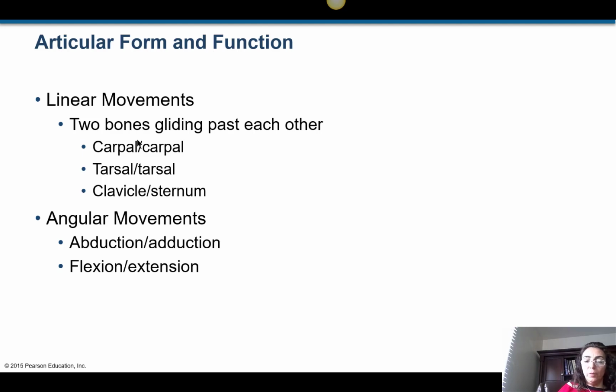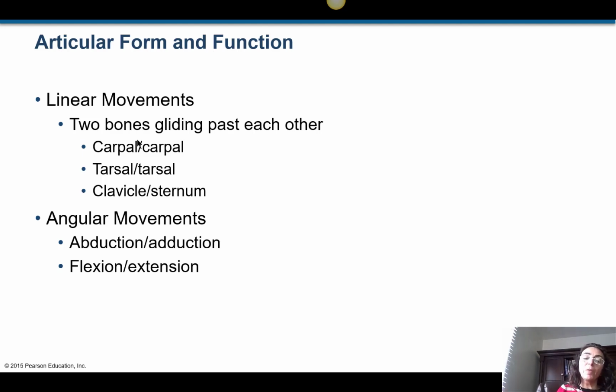When the arm is getting away from the central axis, the longitudinal axis of the body. When the arm gets away from that and the angle increases, it is called abduction. When it is getting back, close to the body, it is called adduction, as if you're adding your arm toward your body, right? So that's abduction and adduction.